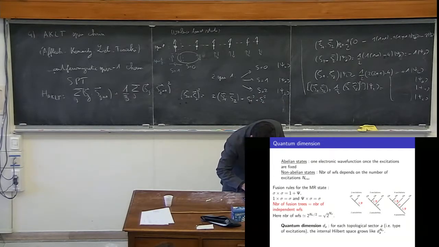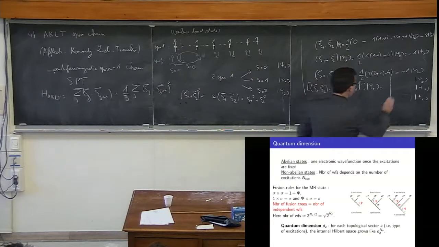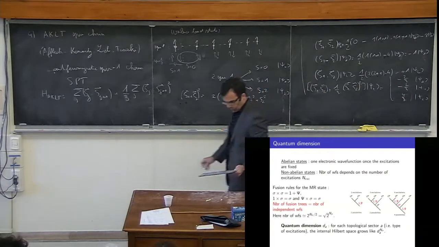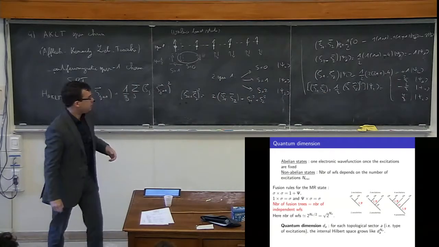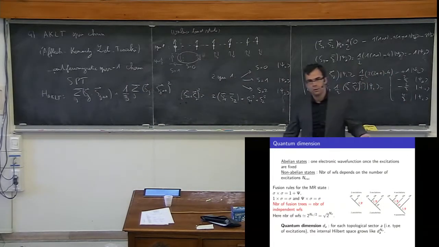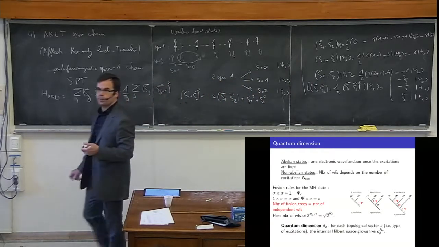Otherwise, you can try to do the calculation by yourself. So you got minus 2/3 for psi 0 and psi 1, and 4/3 for psi 2.